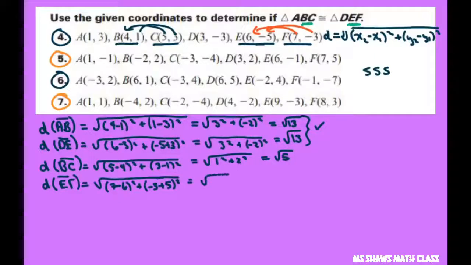So that gives you, again, 1 squared plus negative 2 squared, which equals the square root of 5, 1 plus 4. So those two sides are congruent.